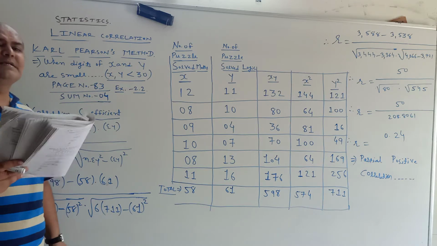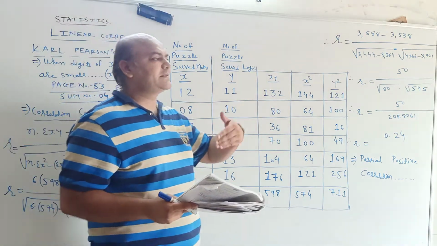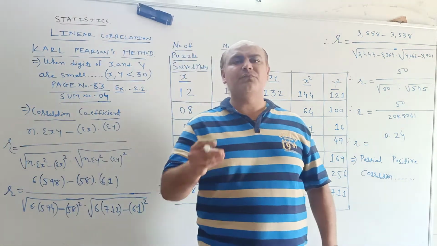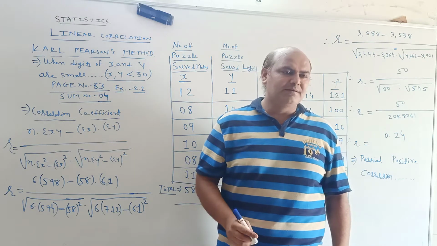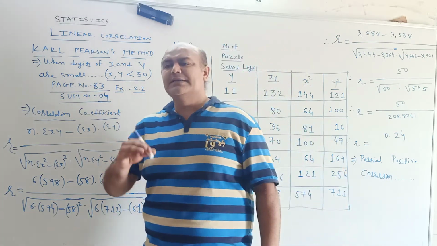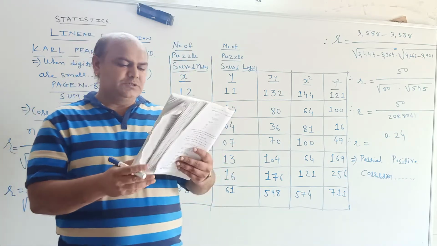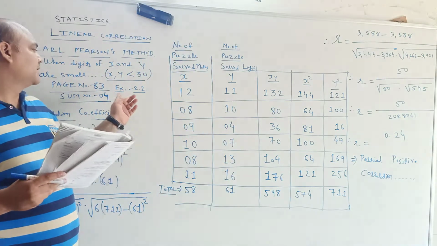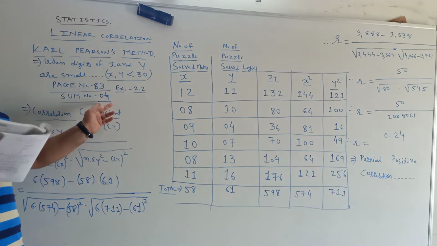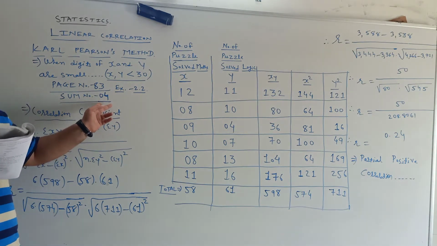You have exercise 2.2. The whole of exercise 2.2 is of the Karl Pearson method, while 2.1 is the scatter diagram method. Now open 2.2, page number 83, sum number 4.